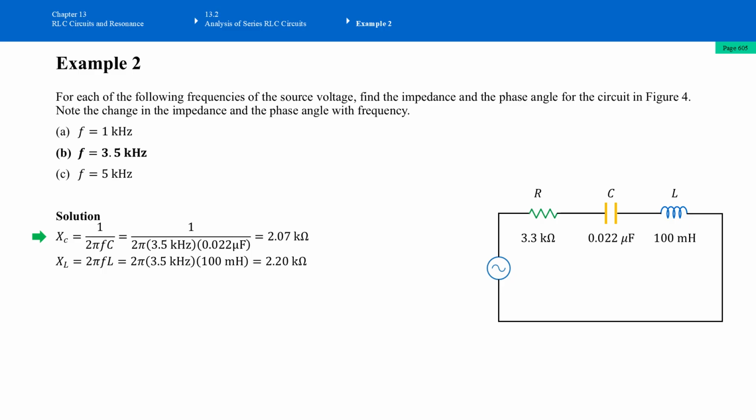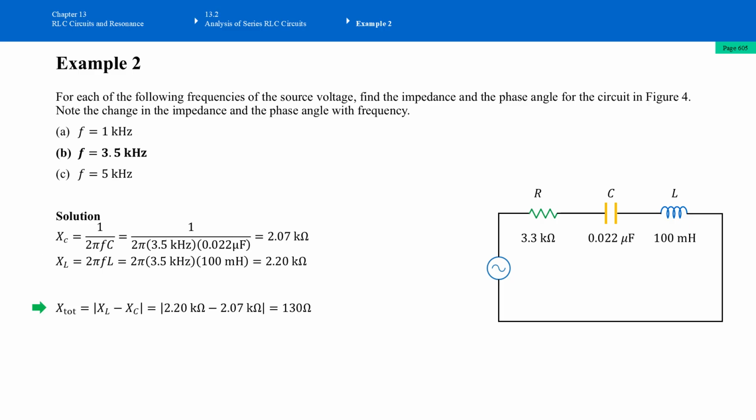Xc is 1 over 2 pi Fc, which is 1 over 2 pi times the current frequency 3.5 kilohertz times the same capacitance 0.022 microfarad, and that is 2.07 kiloohms. For XL, we use 2 pi FL, which equals 2 pi times 3.5 kilohertz multiplied by 100 millihenry, and that is 2.22 kiloohms.